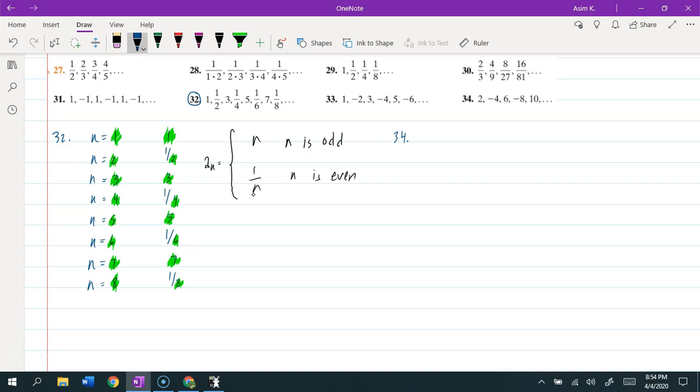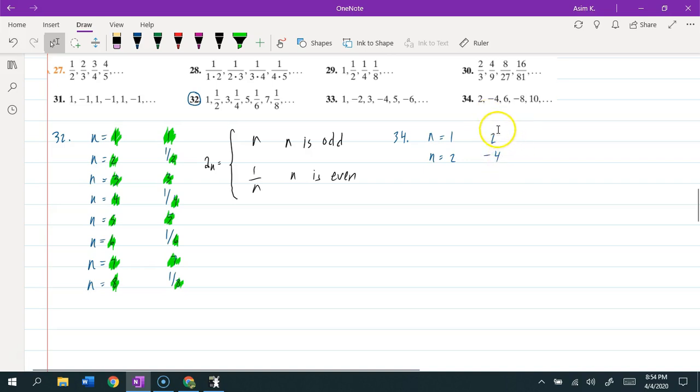Number 34, feel free to pause this and try it by yourself and see if you can figure out this pattern. So n is equal to 1 is a 2. N is equal to 2 is a negative 4. Think about how you can possibly go from a positive number to a negative number.